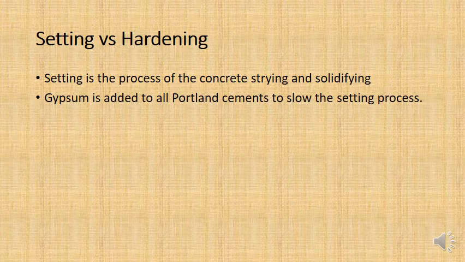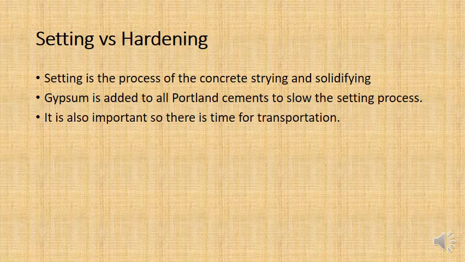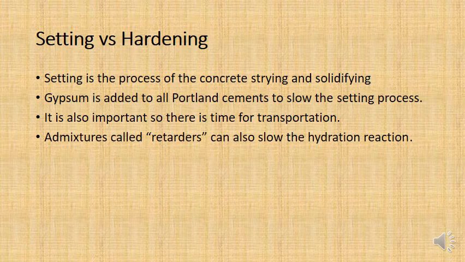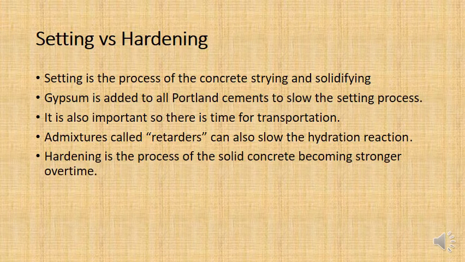It just slows down the hydration reaction, and it slows down the setting because of that. And that's very important for transportation. Another thing you can do is add an admixture called a retarder. We'll learn more about those when we do concrete technology, but that also can slow down the hydration reaction.